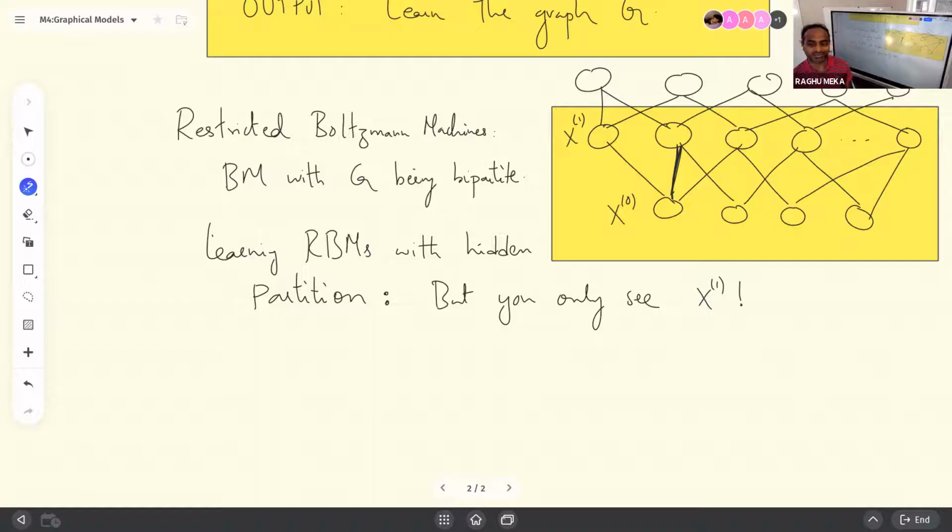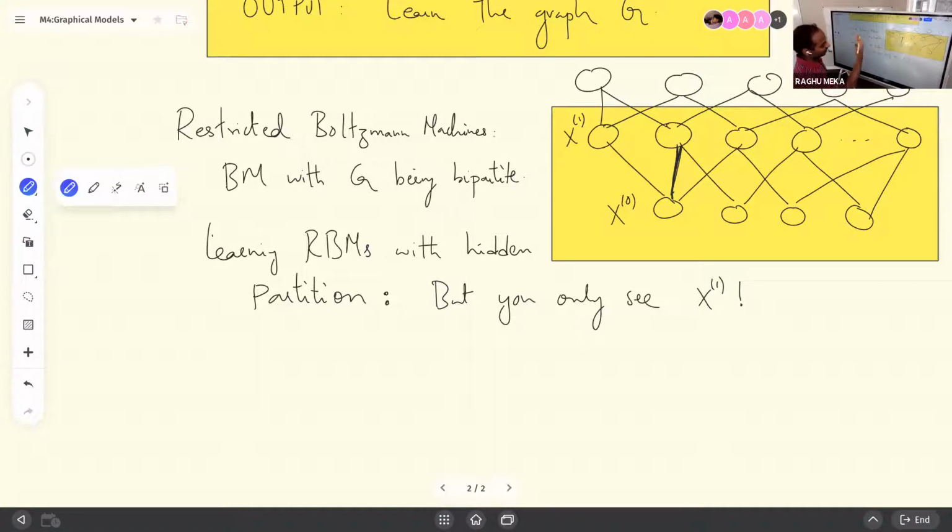There are some hardness results which came out, I think, a year or two ago, but there should be very nice ways to go around it, and that's a major open problem in machine learning and in the theory of deep neural networks, whether we can learn restricted Boltzmann machines with hidden partition under some reasonable conditions on the graph. Like if the graph is sparse, the weights are random maybe, can you still do it? We don't know.